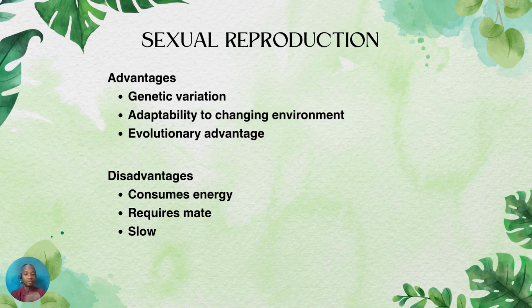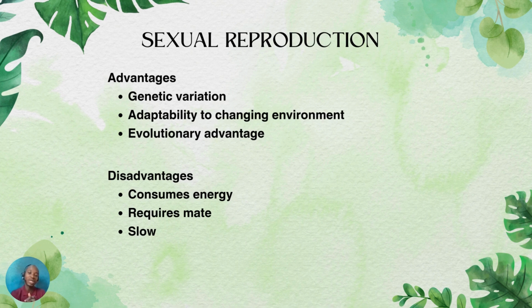You see, there's assortment of genes that helps variation to occur, and this helps to stabilize the survival of the organism. Okay, adaptability to changing environment. Because of this, newer individuals are formed with more resilient traits. So they can survive in the environment. So it has evolutionary advantage because newer organisms are produced.